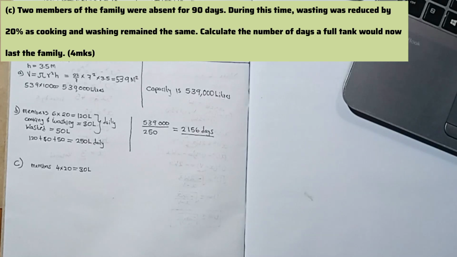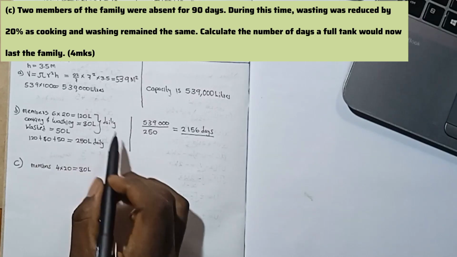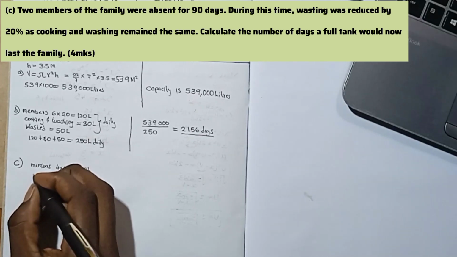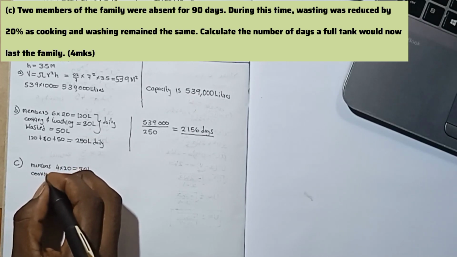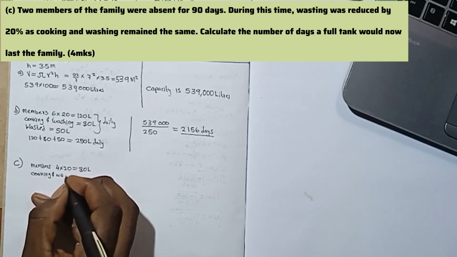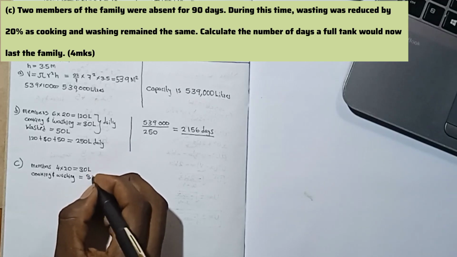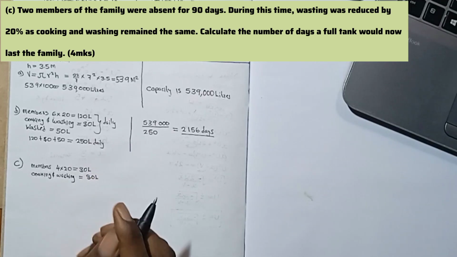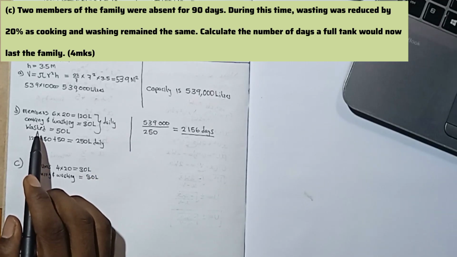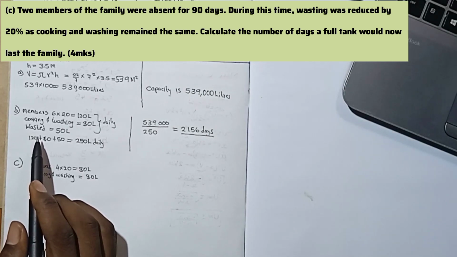During this time, wasting was reduced by 20%. So cooking and washing remain the same. So cooking was 80 liters per day, and the waste was reduced by 20%.